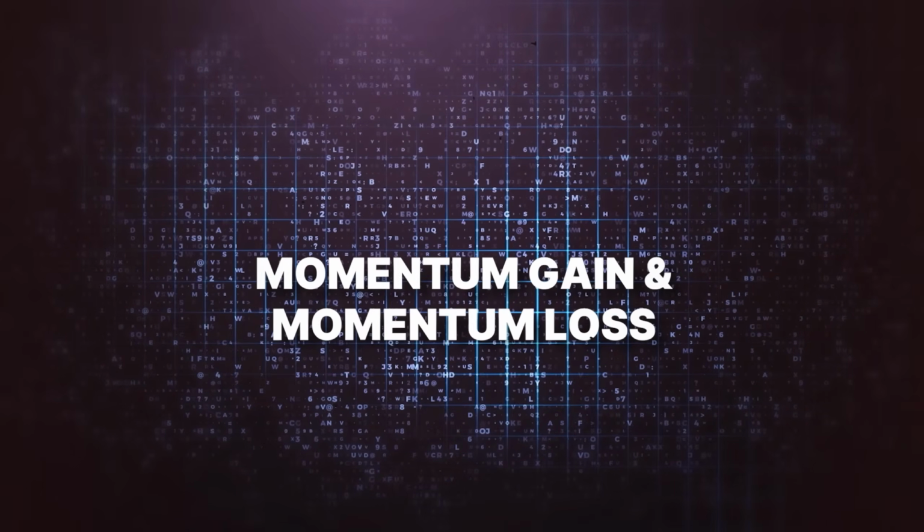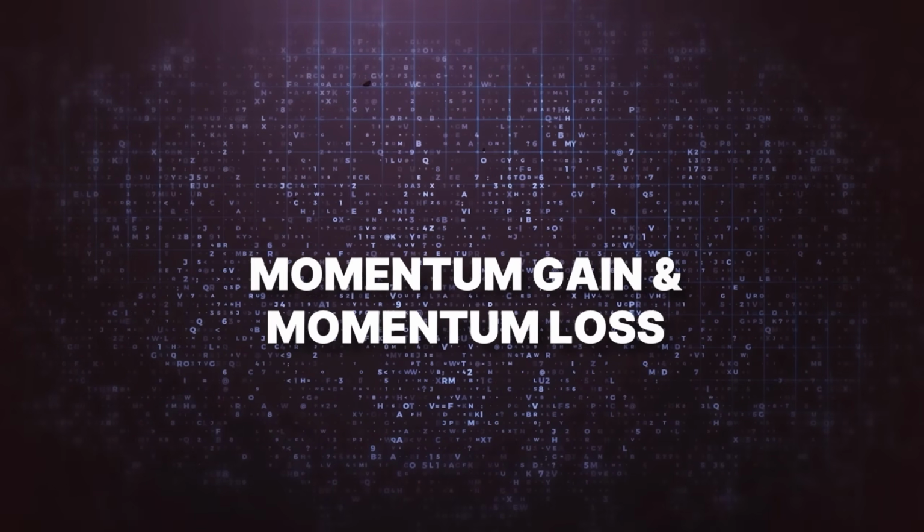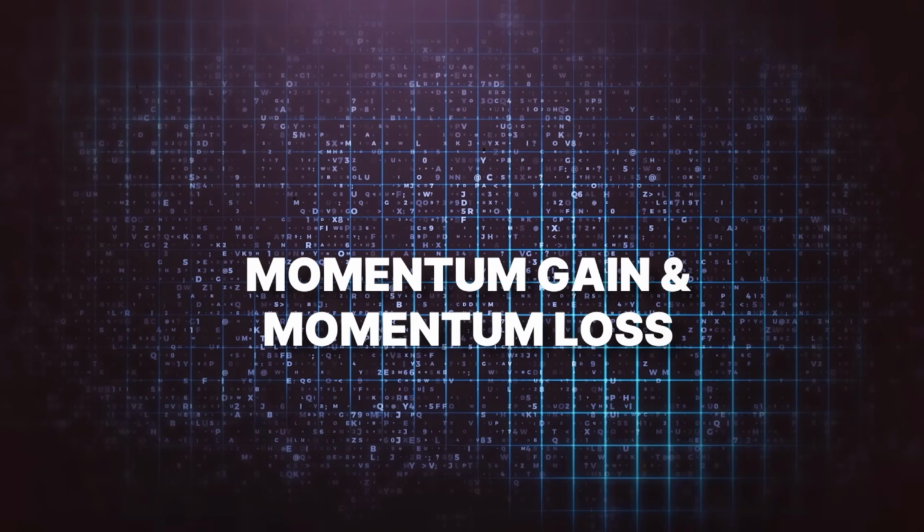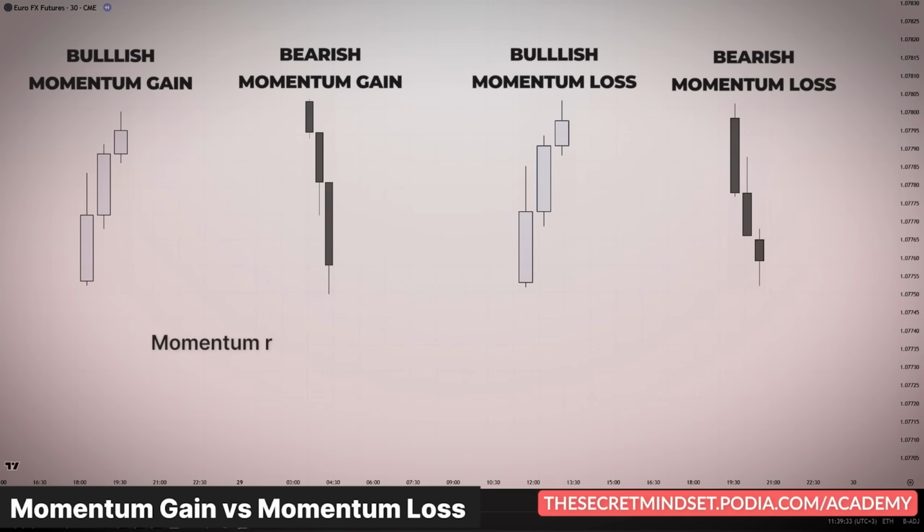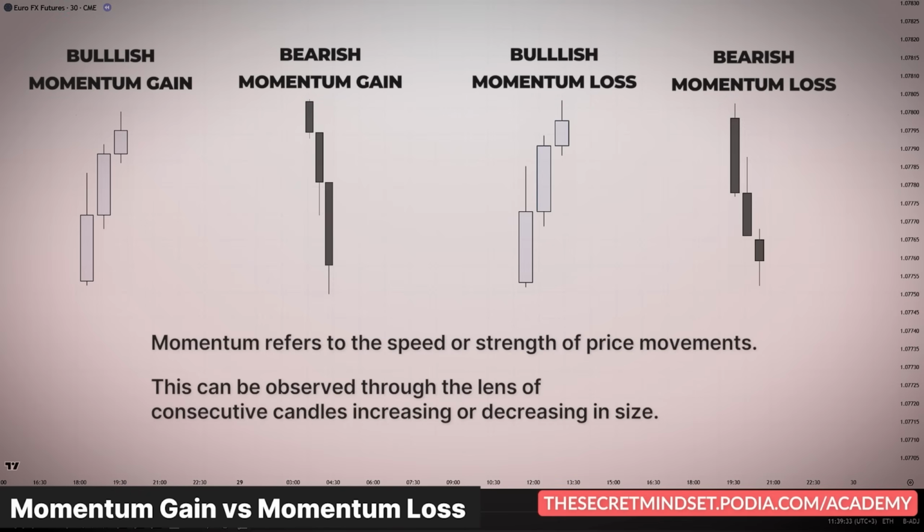The next strategy involves finding instances of momentum gain and momentum loss. Momentum refers to the speed or strength of price movements, and this can be observed through the lens of consecutive candles, increasing or decreasing in size from a supply and demand perspective.